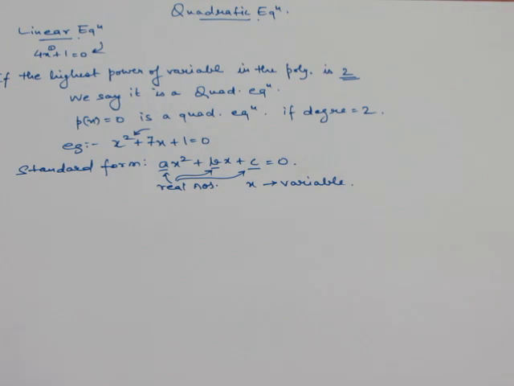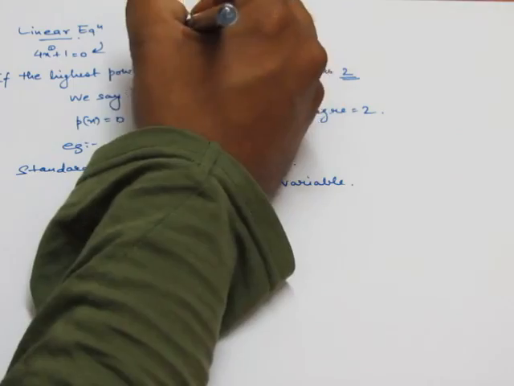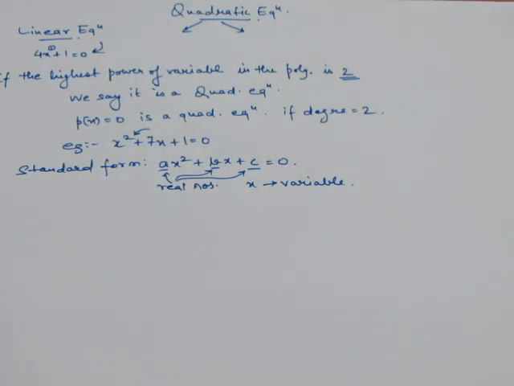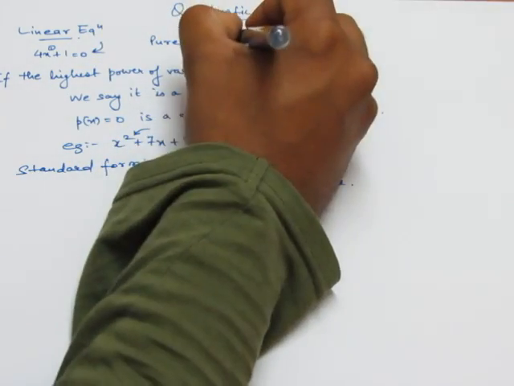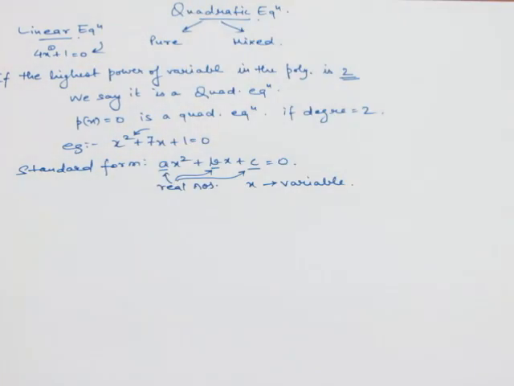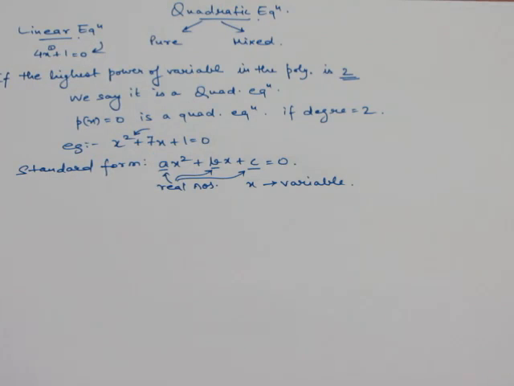So quadratic equations are of two types: pure quadratic and mixed quadratic. Pure quadratic equation and mixed quadratic equation. So what do we mean by pure quadratic equation?